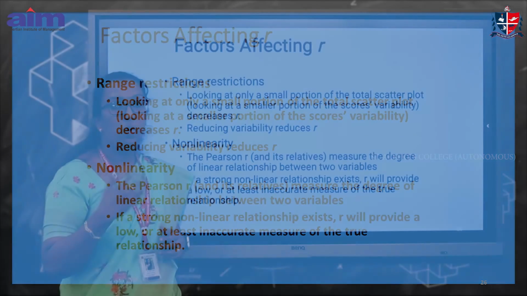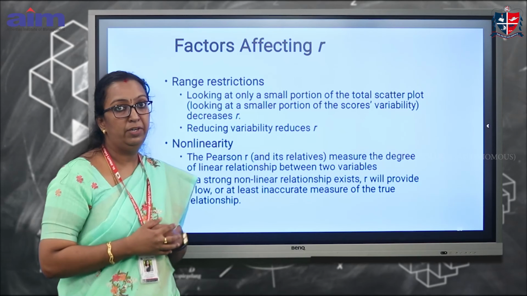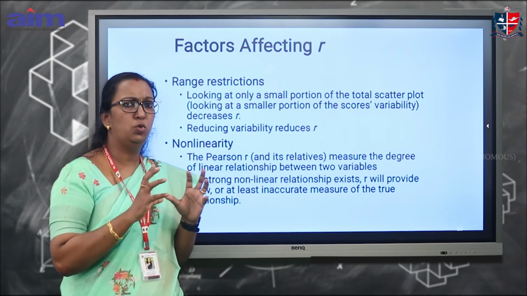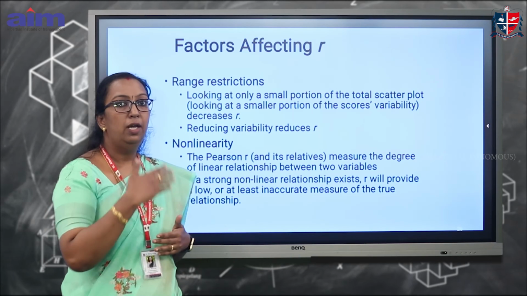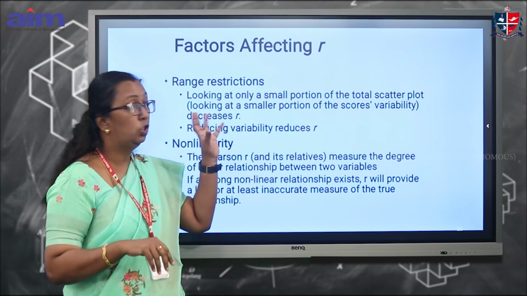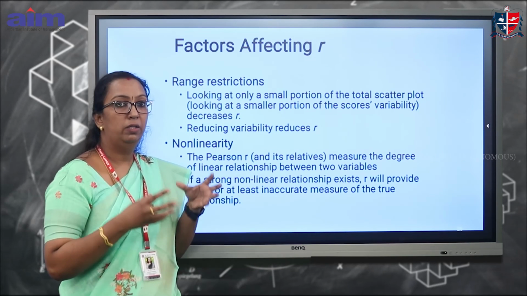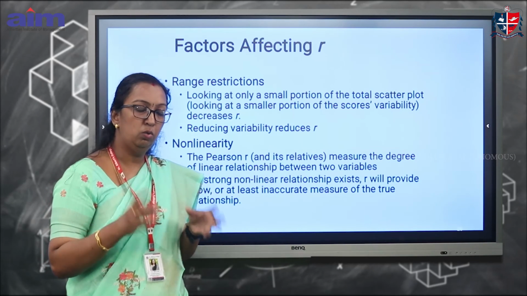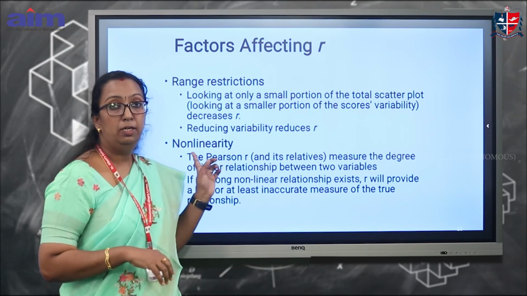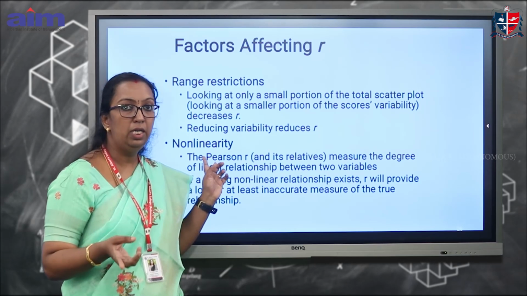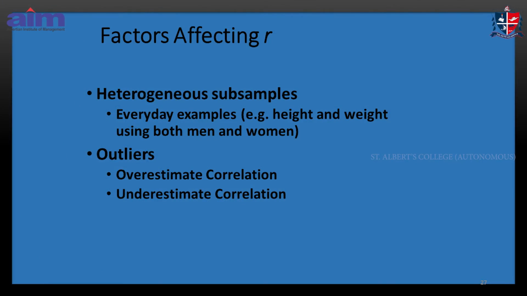And what are the variables that affect R? R is affected by the range restriction. When there is no variability, as I mentioned in the standard deviation lecture, there should be variability in the data. When the range is small or the number of data points is too low, then it will affect R. And if the data is not linear, if it is non-linear data, then again it will affect the R value.